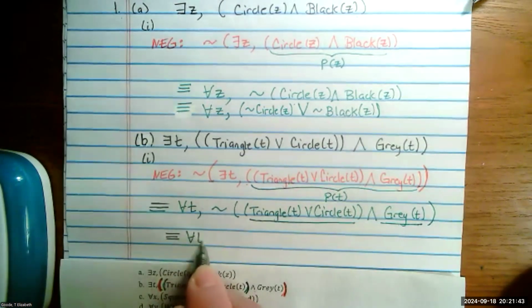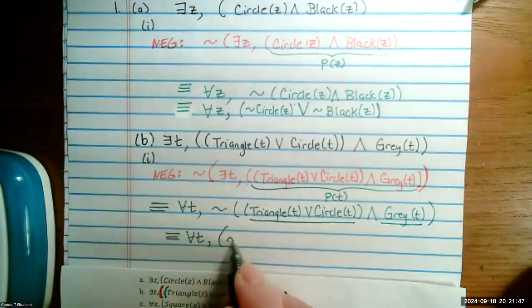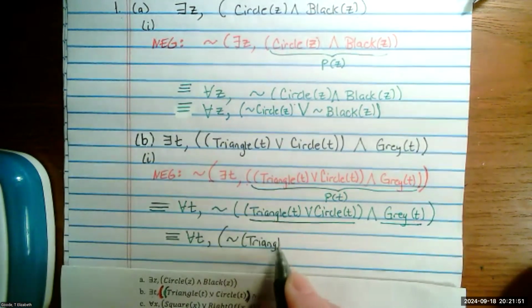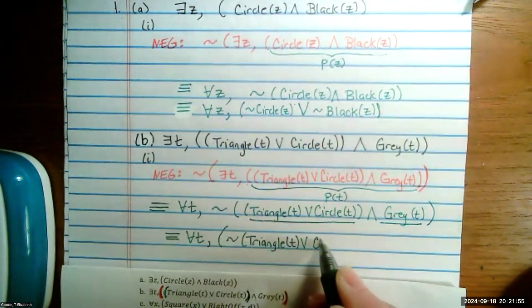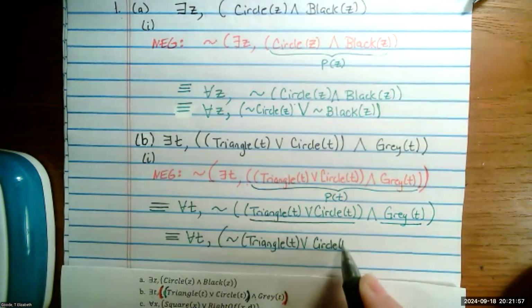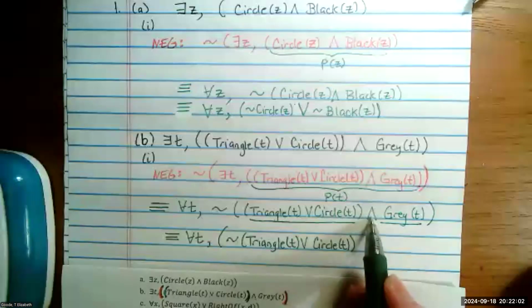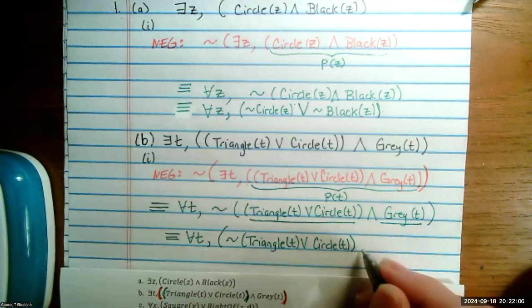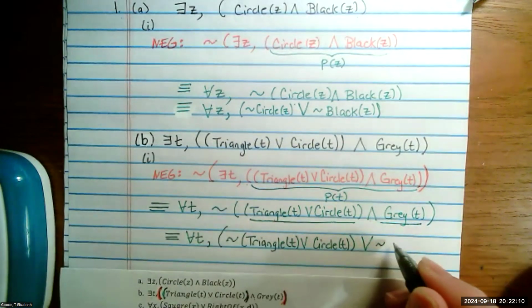So for all T, not triangle T or circle T. What happens to the and when we bring the not through an and? It turns to or. Yep. And then we negate gray T.